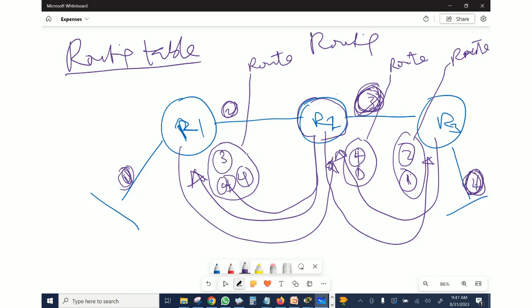So your job as a network professional is to be able to configure routing on your router.